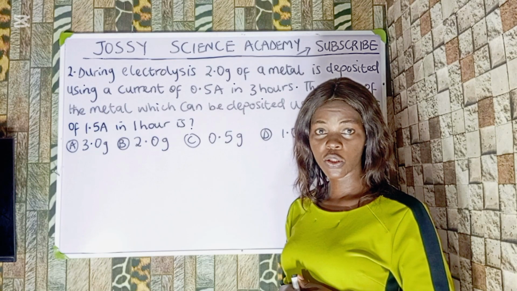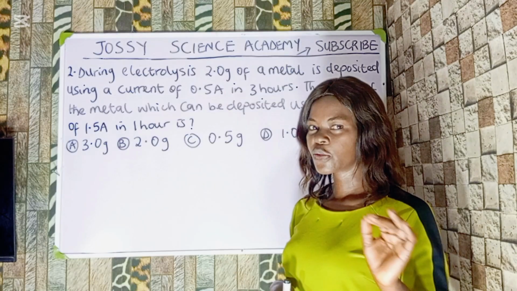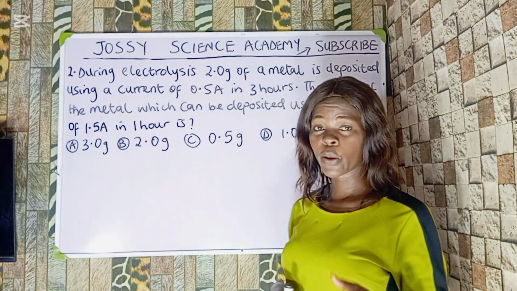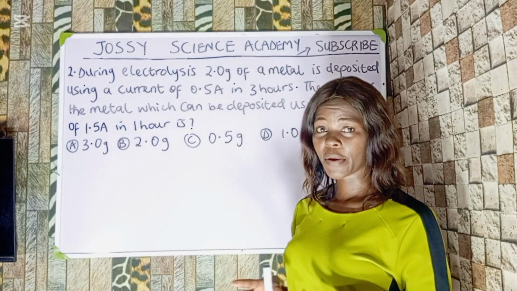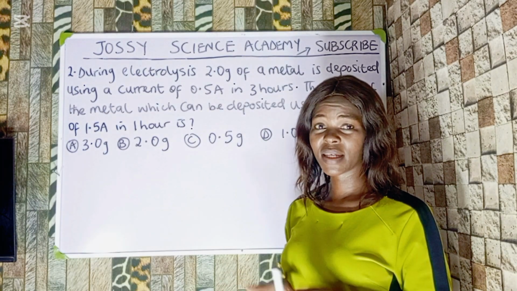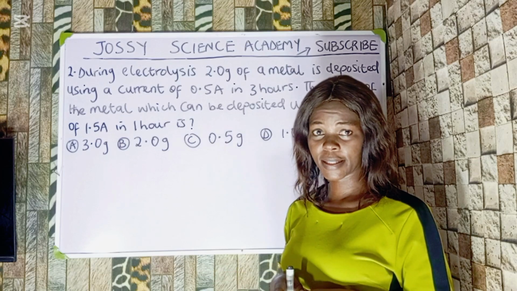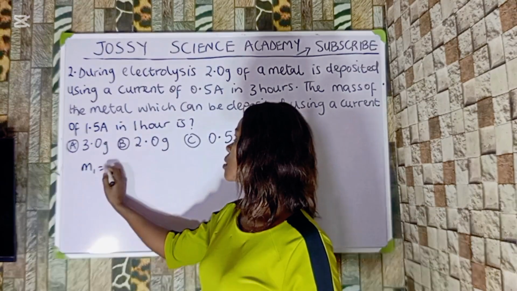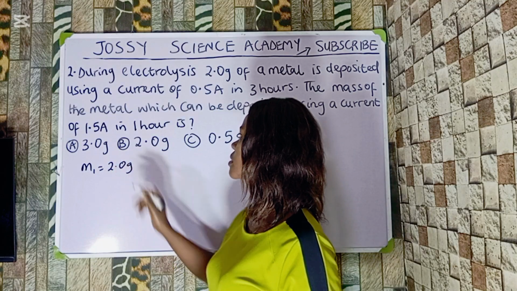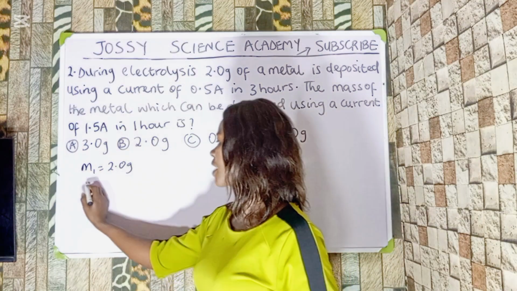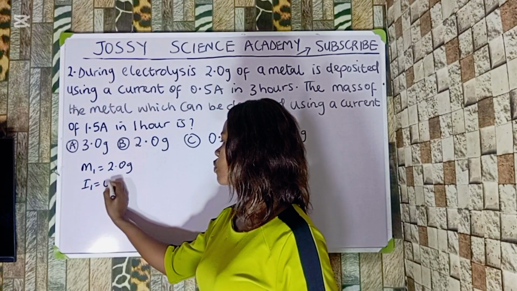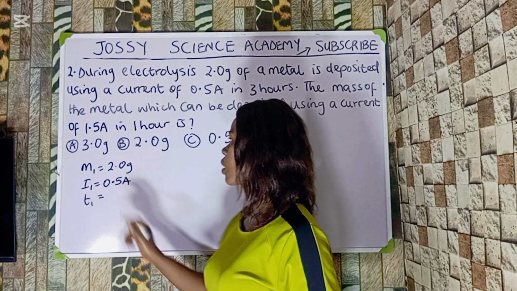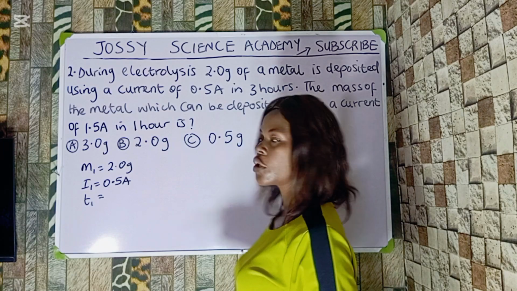For us to solve this question, looking at it closely, you realize that we have a mass and we have to find the second mass, and we have 2 different currents and 2 different times. So we are comparing. That means the electrochemical equivalent remains the same. M1 is given as 2.0 grams, the current I1 is 0.5 amperes, and the time T1 is 3 hours.